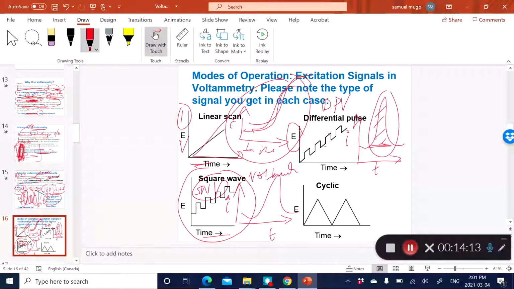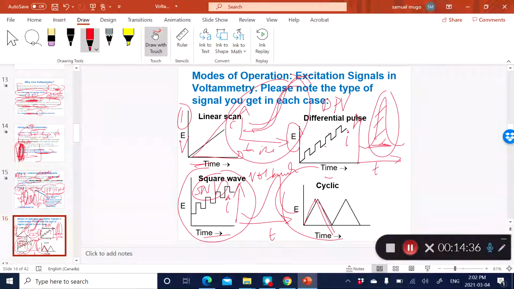The last type of photometry mode is referred to as cyclic photometry. And cyclic photometry is very similar to linear scan. You can see the voltage increases linearly, and then you switch it back and you decrease it back to where it came from.